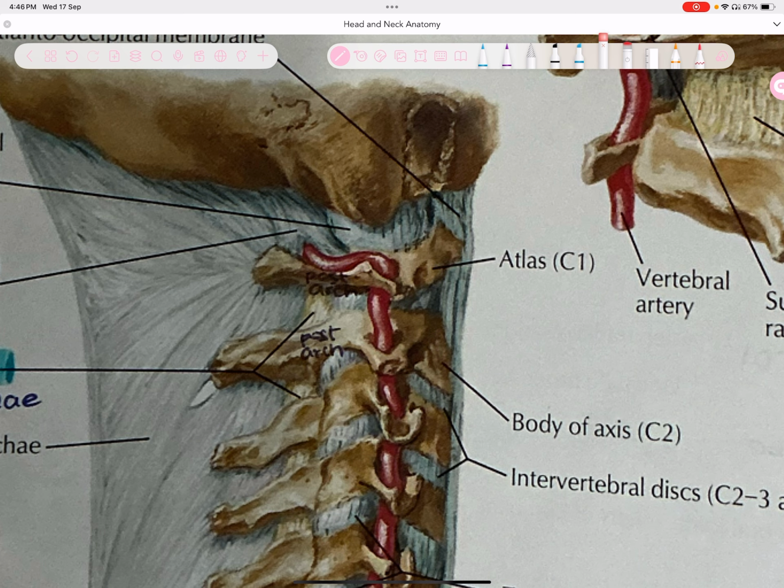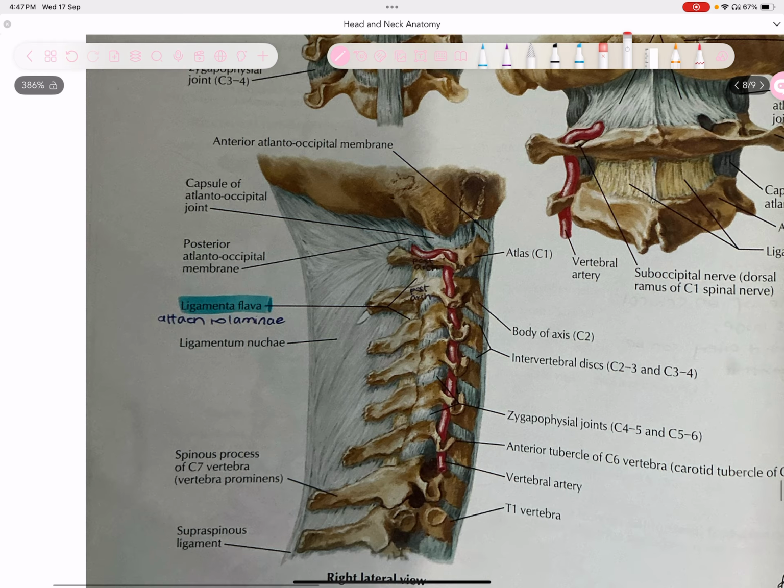This groove is there for this vertebral artery, and behind the groove, the upper surface of the posterior arch is occupied by the vertebral artery and by the first cervical nerve, right? So that's what they're saying. Behind the groove, the upper border of the posterior arch gives attachment to the posterior atlanto-occipital membrane.